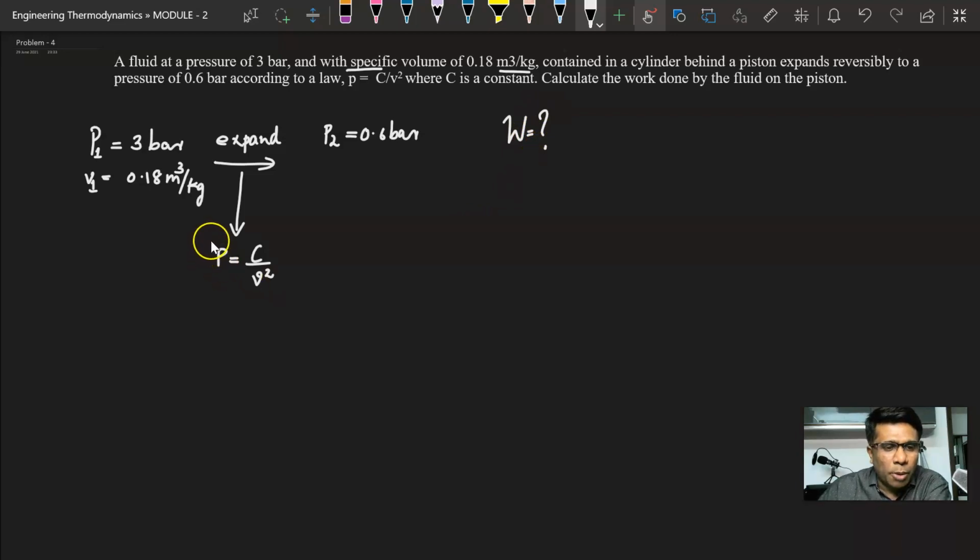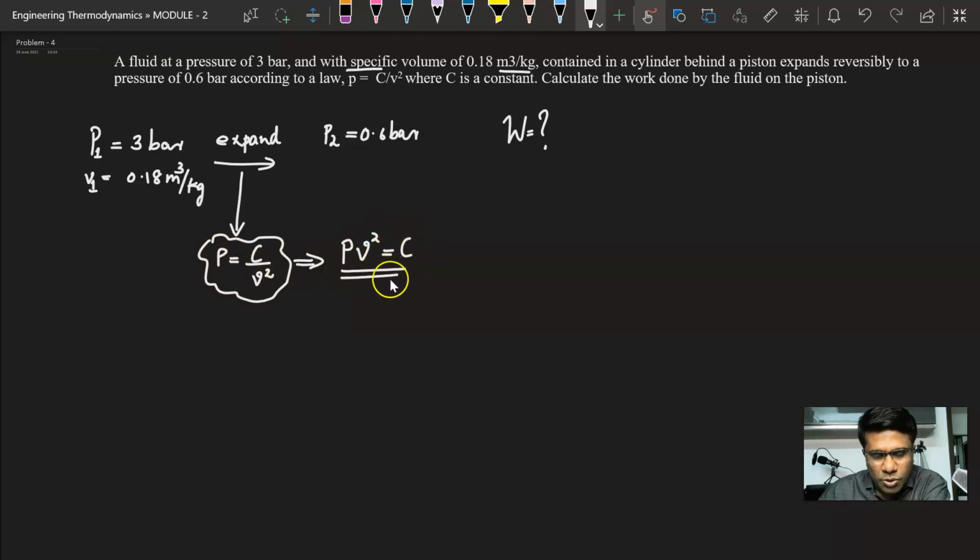The key to this problem is understanding this equation P equal to C by V square. Does this equation seem familiar? This equation can be written as, V can be taken to this side, PV square is equal to a constant. Now what is this equation?